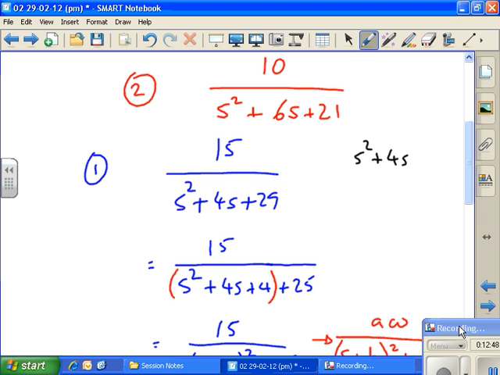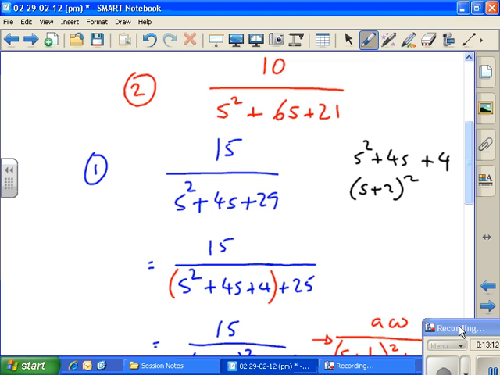I halve the coefficient of s and square that. Half of 4 is 2, 2 squared is 4, that would be the perfect square. Which means I can write this as s plus 2 all squared.